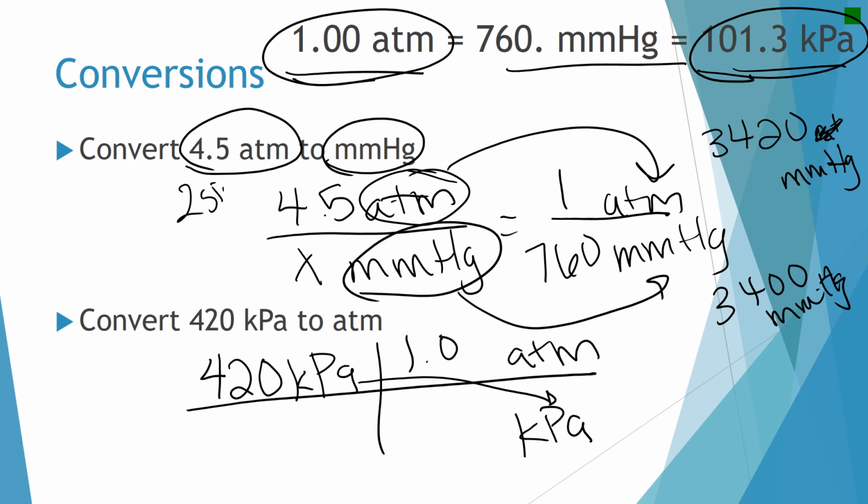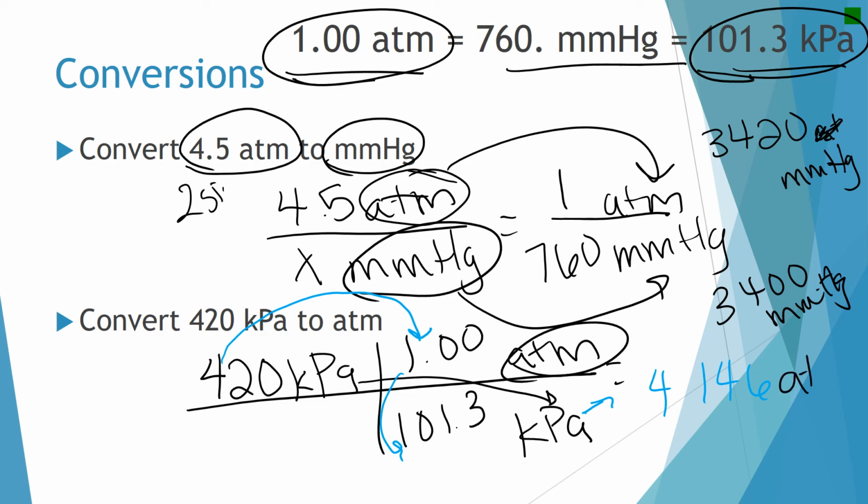And so I've got 1 atmosphere, and then it's 101.3 kPa's. So all I'm going to do is snake through. So I'm going to do 420 times 1 divided by 101.3, and then press equals. And so 420 times 1 divided by 101.3 equals 4.146. And then that would be ATM.